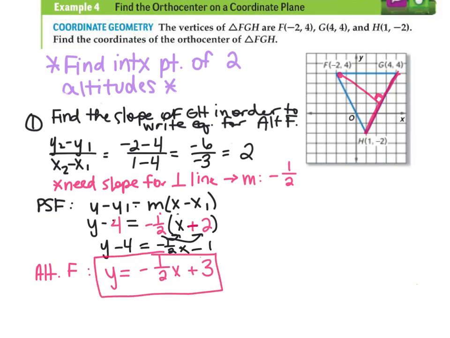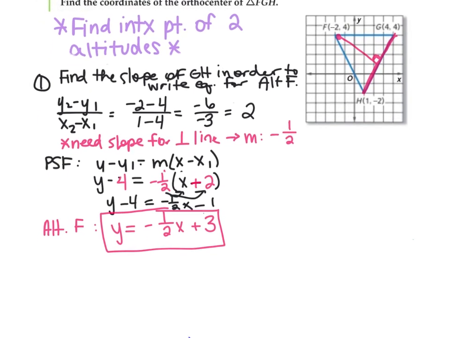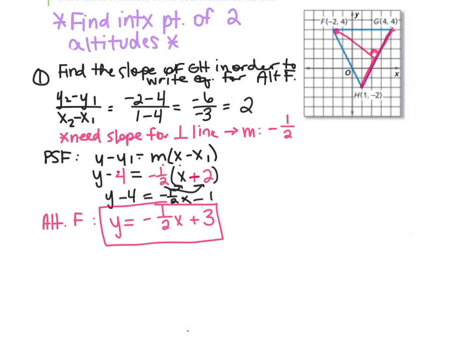Okay? So this is going to come in handy when we find that intersection point. So just like we did for the altitude for F, we need to find the altitude of G. So the altitude starts at our vertex G and it extends to the side FH, okay? So just like we did for our first problem, we need to do this again for our new altitude.